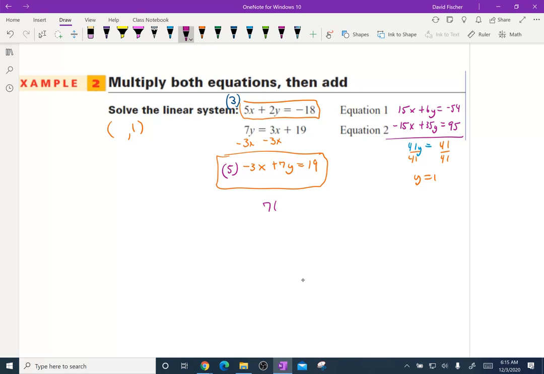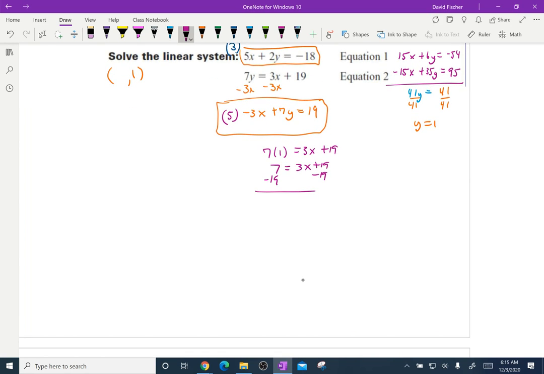I want to do the second one just because it's right there. I'm getting a negative 4.